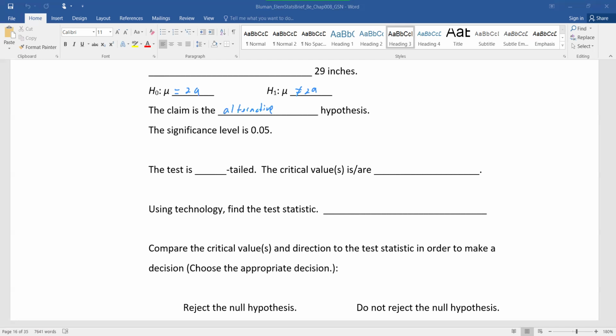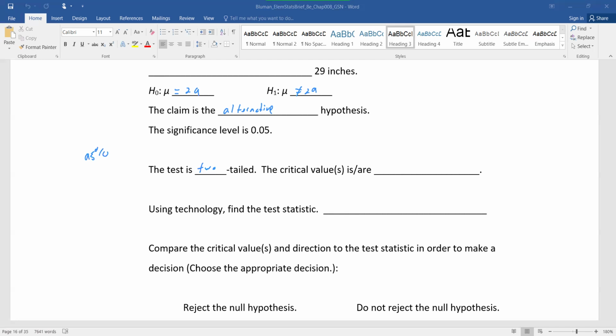Good. All right, so the significance level here was told to us as 0.05. So this test is a two-tailed test. And the critical values are what? Remember, 0.05 is a 95% confidence interval. At 95%, what was our z-score?